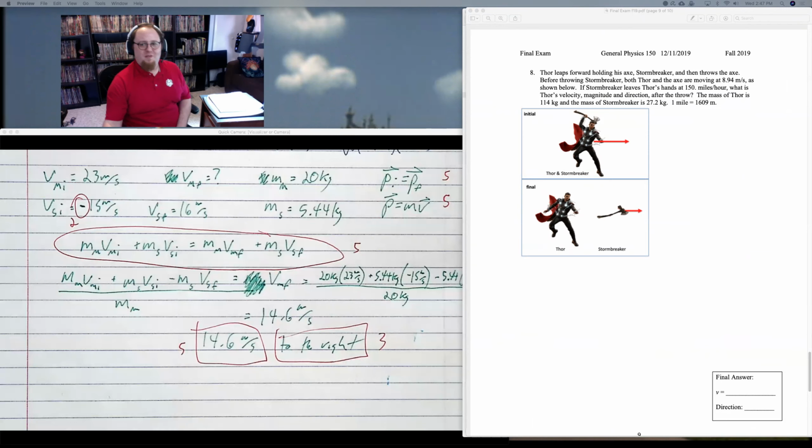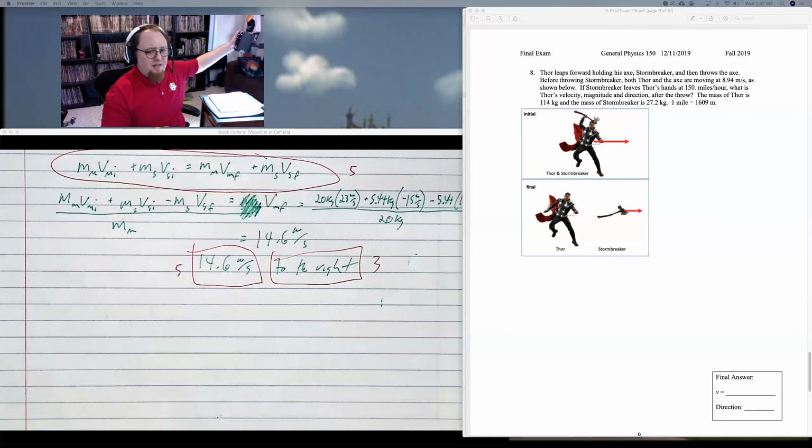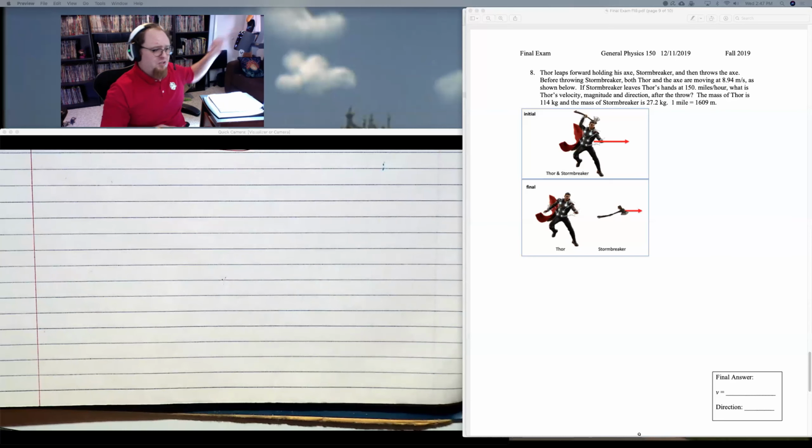So this says, Thor leaps forward holding his axe Stormbreaker, then throws the axe. Before throwing Stormbreaker, both Thor and the axe are moving at 8.94 meters per second, as shown below. If Stormbreaker leaves Thor's hands at 150 miles per hour, okay. This is from a final exam. On the final, I worked in unit conversions again. I probably won't work unit conversions into this problem on this exam.